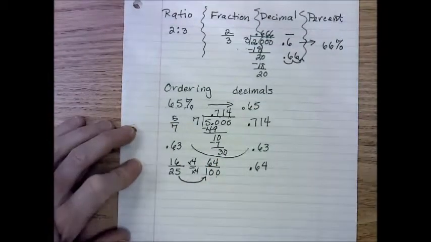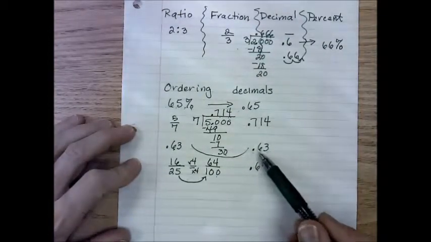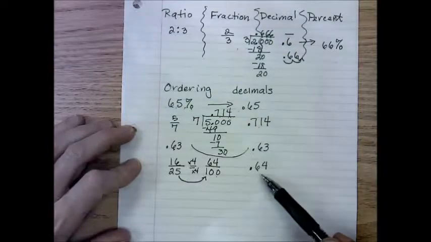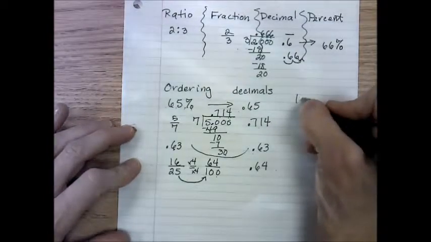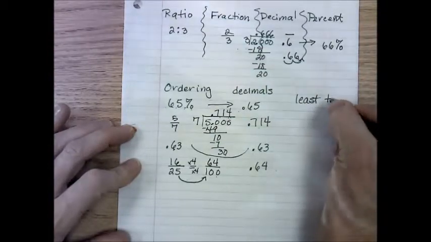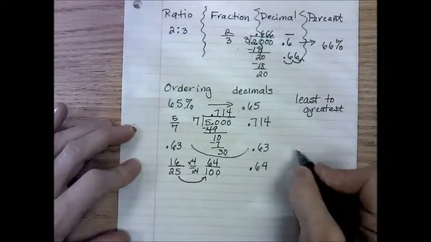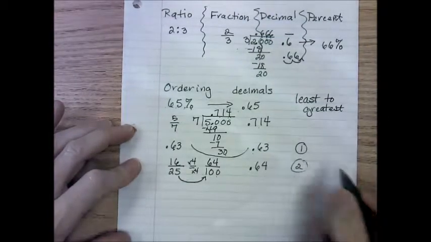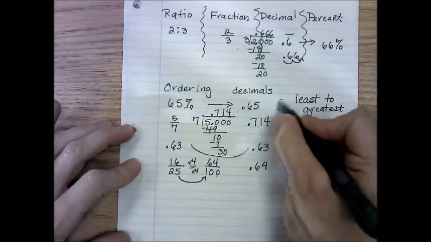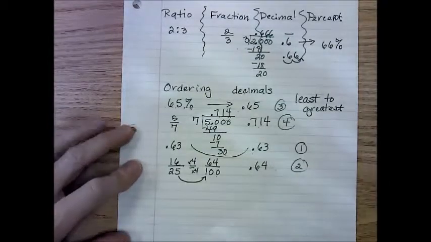So now if we look at our numbers, we have a 0.65, a 0.714, 0.63, and 0.64. So if we ordered these least to greatest, we would see that 0.63 was the least, 0.64, 0.65, and then 5/7 was the greatest.